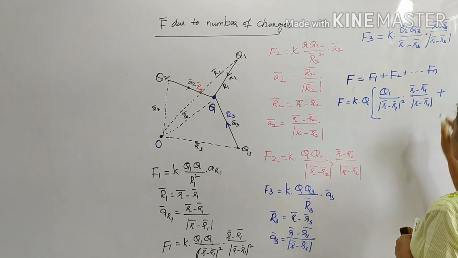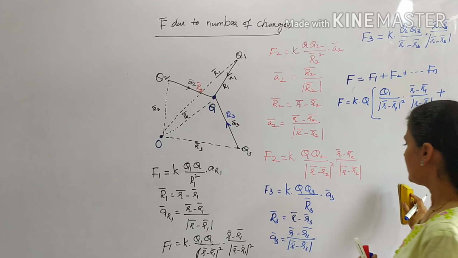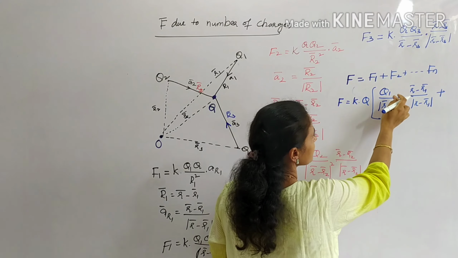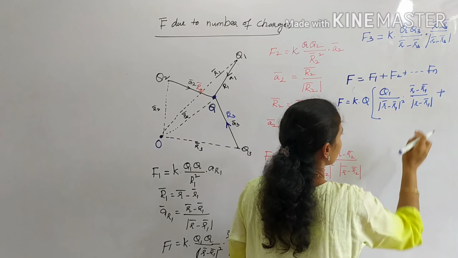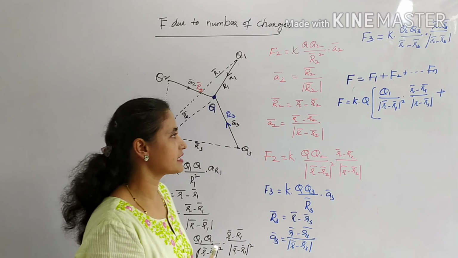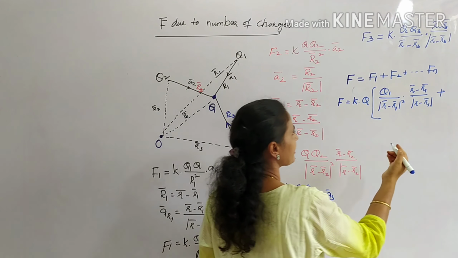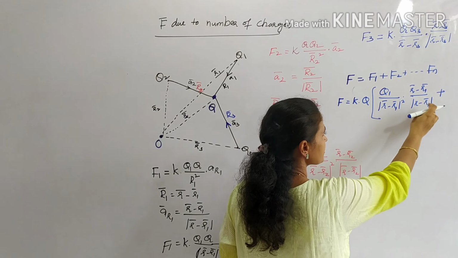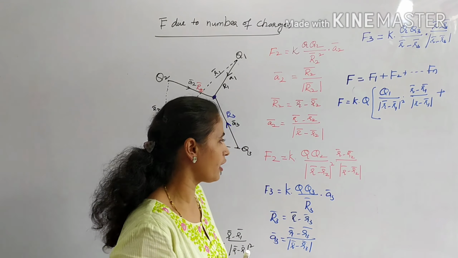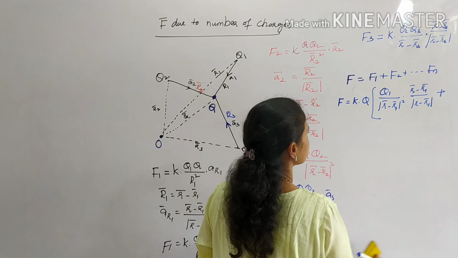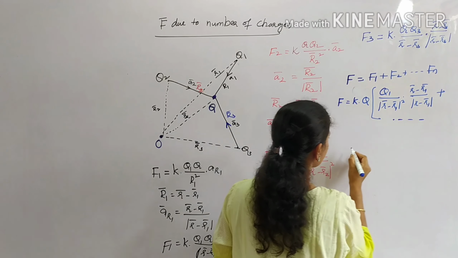This is for the first charge. In the same way for the second charge, this will be Q2 and R2. Similarly for the third charge, it extends in the same way. I will take it to the general form, and it will extend to n number of times.